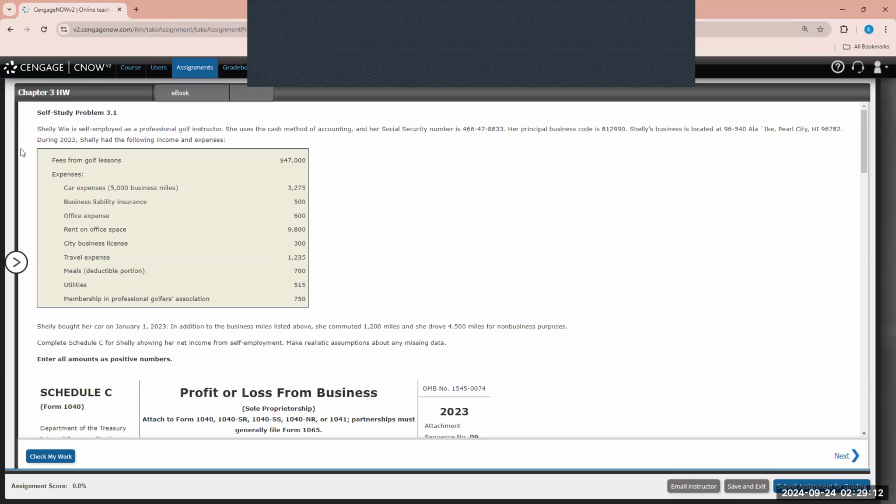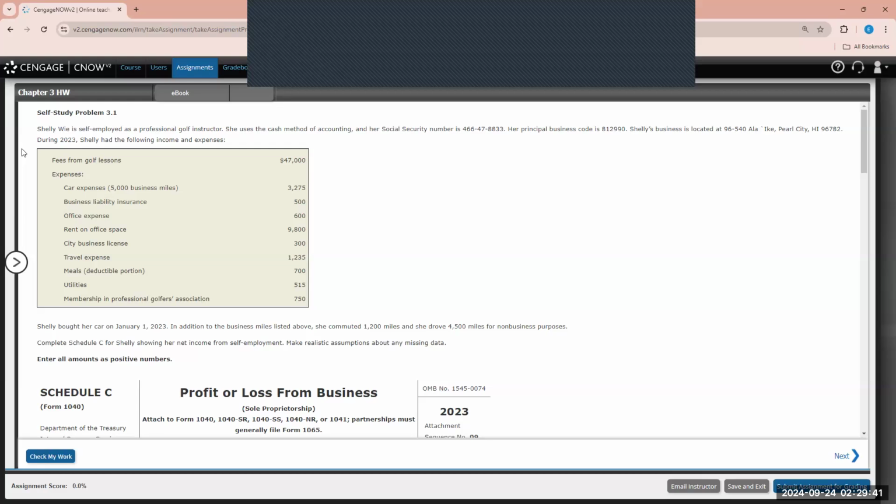It says, Shelley Wee is self-employed as a professional golf instructor. She uses the cash method of accounting, and her social security number is 466478833. Her principal business code is 812990. Shelley's business is located at 96-540 Ala Ike, Pearl City, Hawaii, zip code 96782.